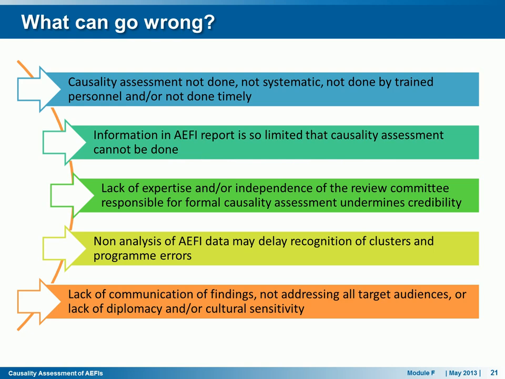The quality of the causality assessment is dependent on the expertise and the independence of the review committee which is responsible for the causality assessment, and this can have a great impact on the outcome of the assessment as well.